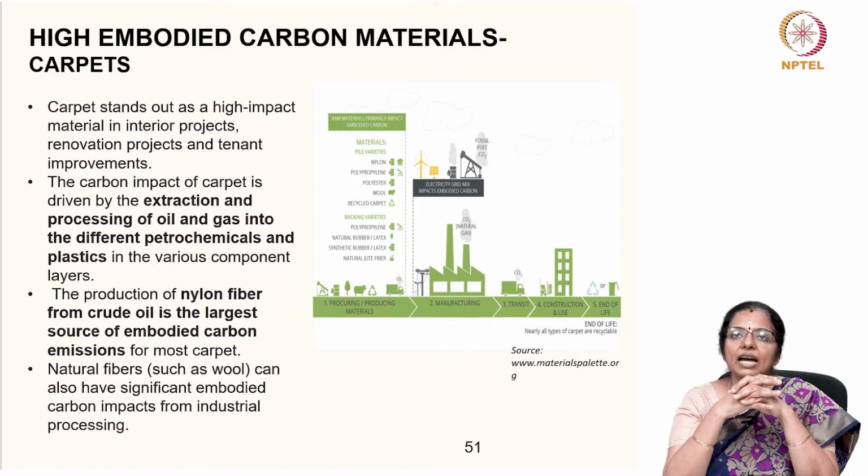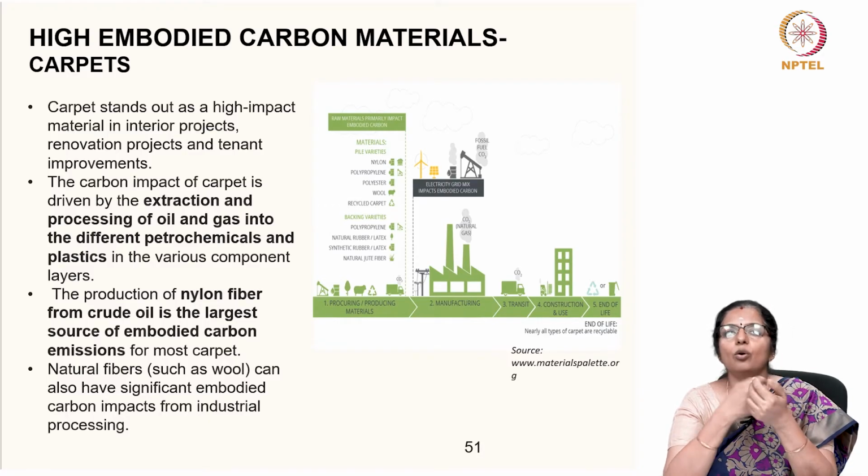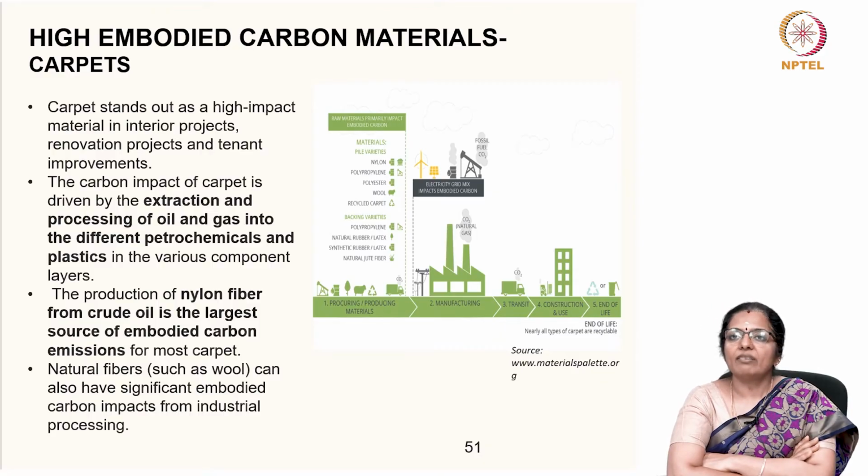Actually, wool is a natural material and therefore its inclusion in carpet should make the carpet a low carbon material. But when you start industrializing it, the processing makes it carbon intensive. Final manufacturing of carpet uses substantial quantities of energy, especially thermal energy, typically from natural gas or other fossil fuel sources, to evaporate water and melt plastics into backing.